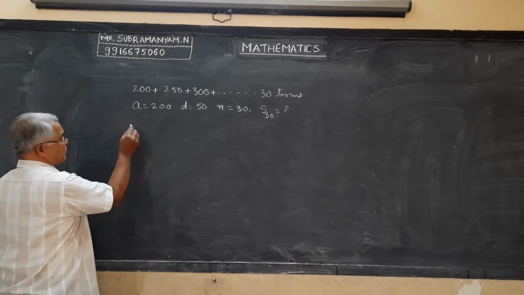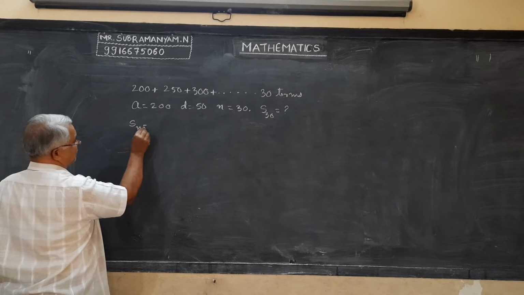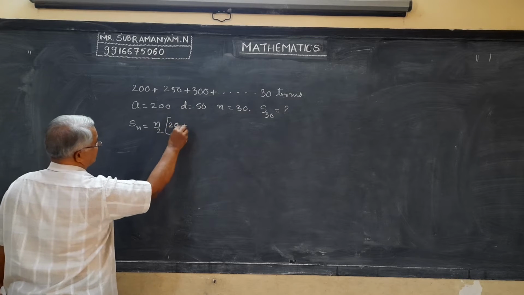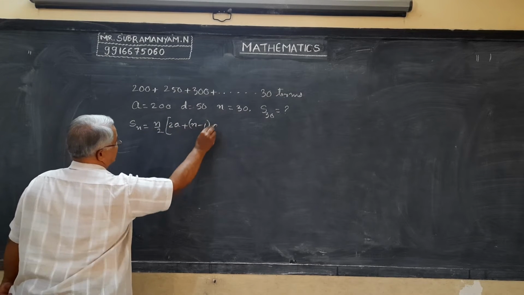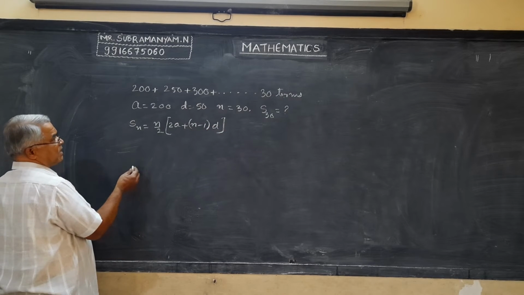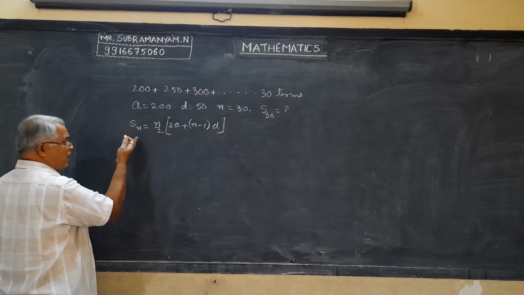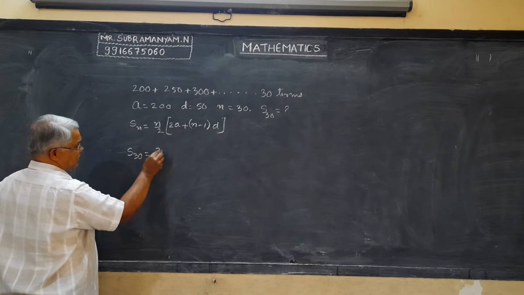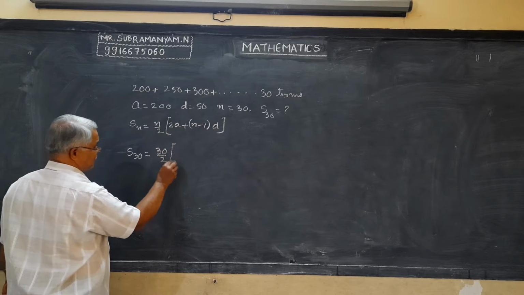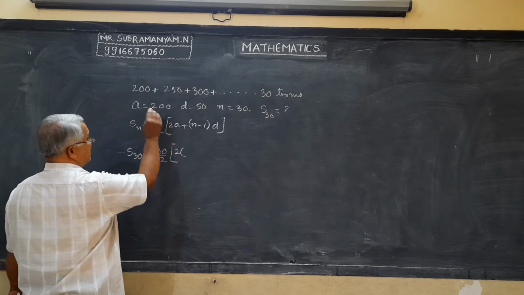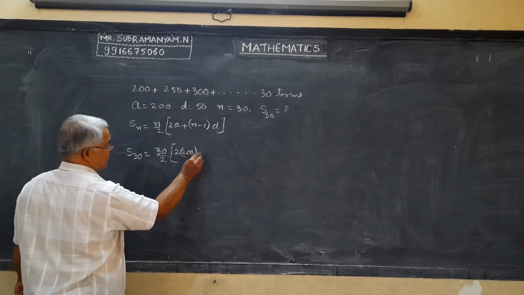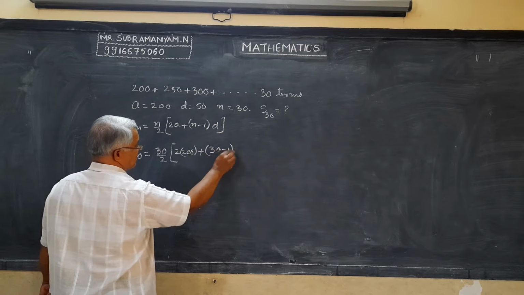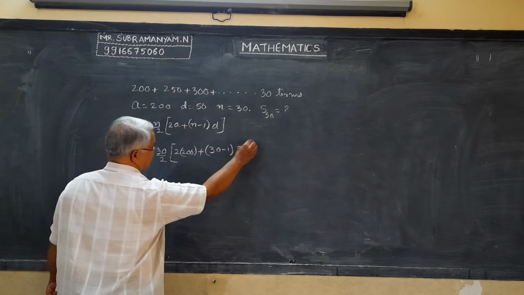Okay. Now, we have the formula Sn equal to n by 2 into 2a plus n minus 1 into d. Let us substitute the values. Therefore, S30 equal to 30 by 2 into 2 into A value, which is 200, plus n value 30 minus 1 multiplied by D value, which is 50.